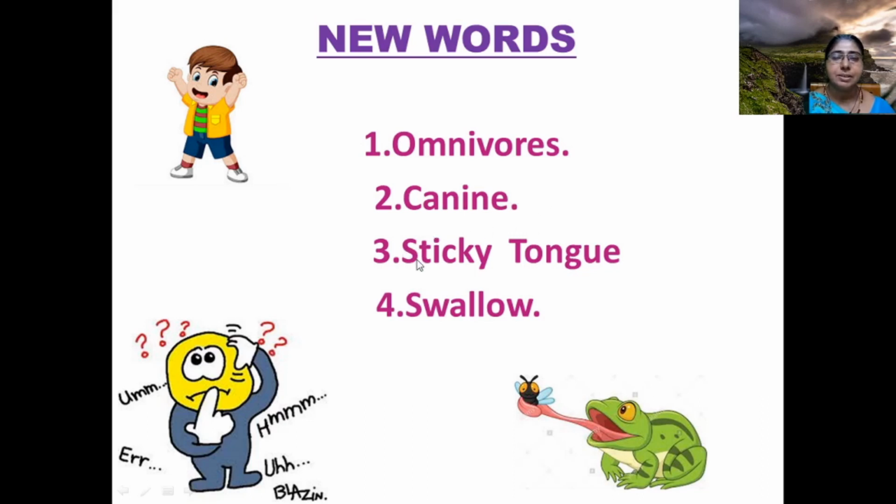Third one, sticky tongue. The tongue produces mucus which helps the prey to stick on the tongue. Fourth one, swallow. Allow the food to pass through the throat.